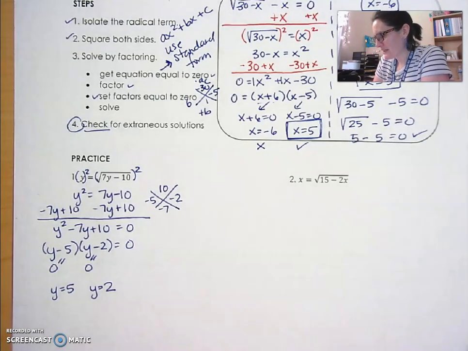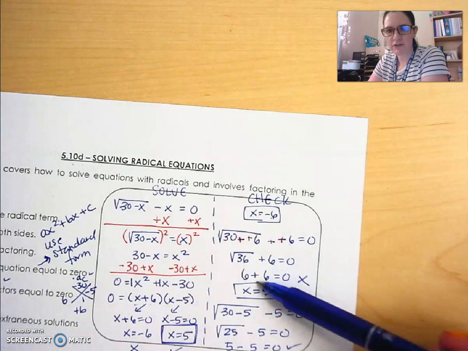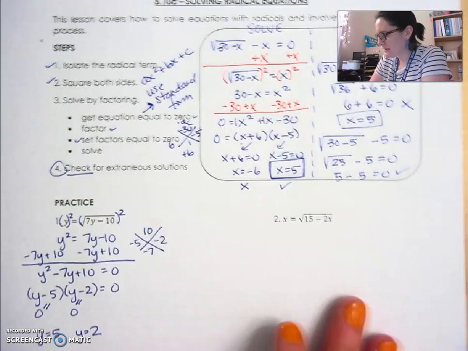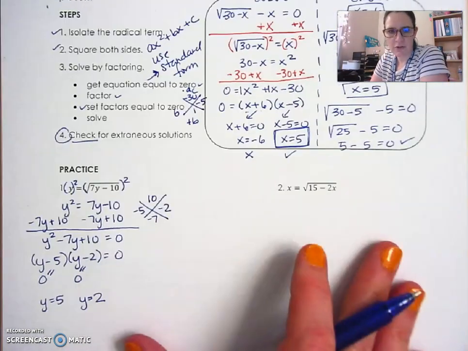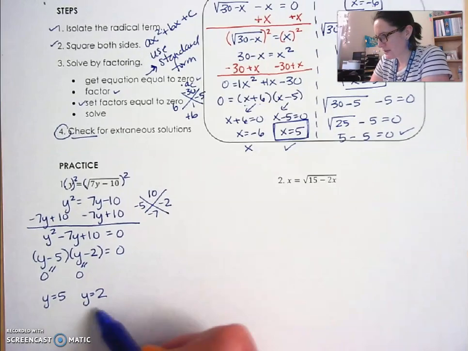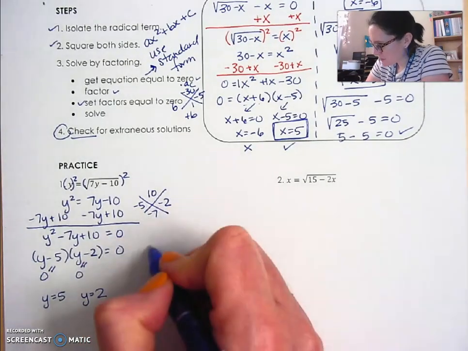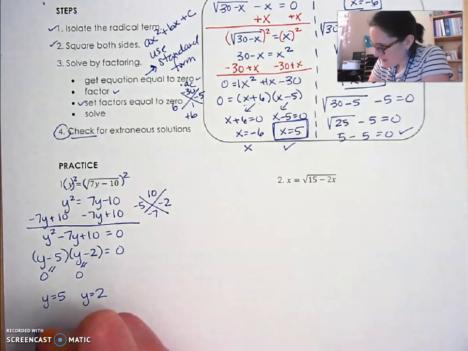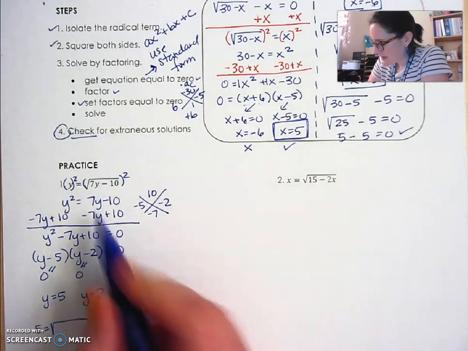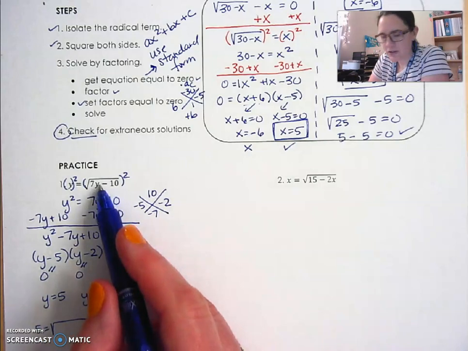Now, when you're actually checking, I don't necessarily need you to show me this kind of detail work for checking. Just plug it in, do your math real quick, even do it mentally, as long as I can tell you've done the process. So if I'm checking 5, I'm going to put it in for the y, and then here 7 times 5 would give me 35.